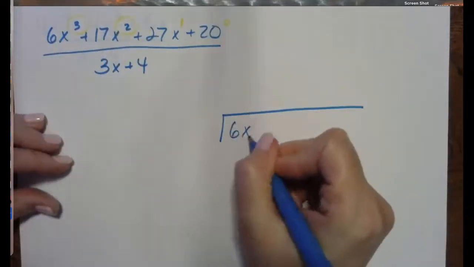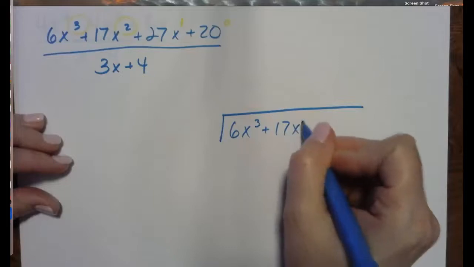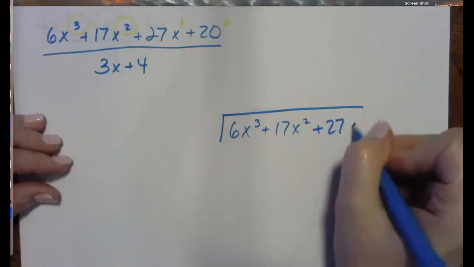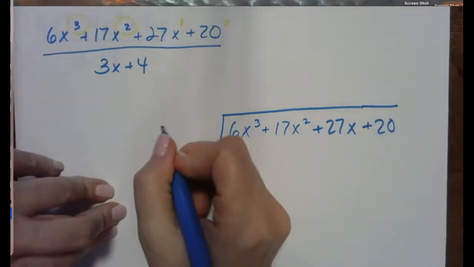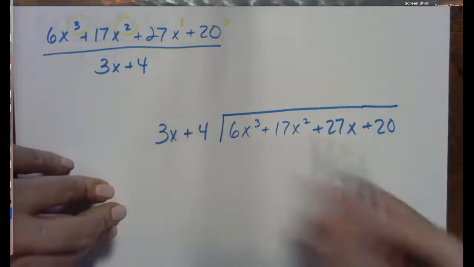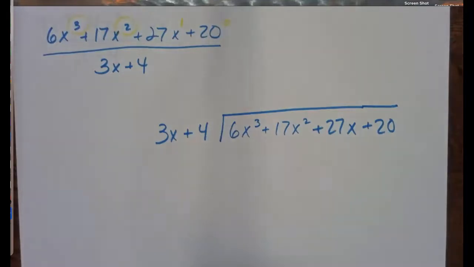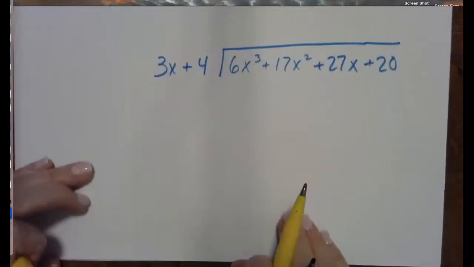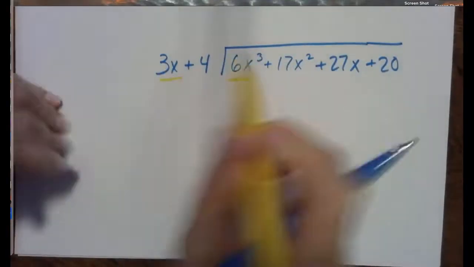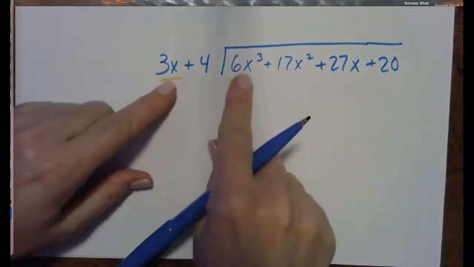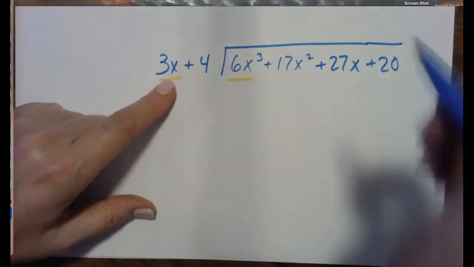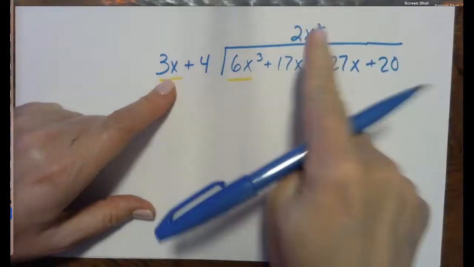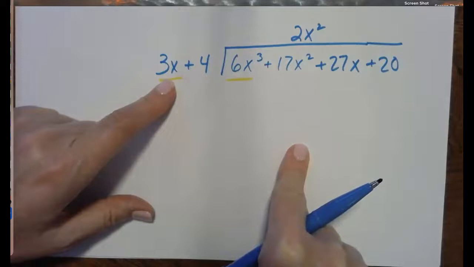So 6x cubed plus 17x squared plus 27x plus 20 is getting divided by 3x plus 4. Same steps, but all we're going to be comparing are these first terms. So 6x cubed divided by 3x to the first is 2x squared. I like to line up my like terms.